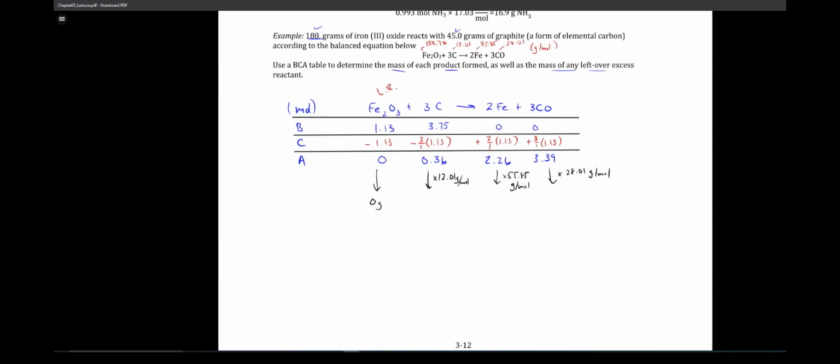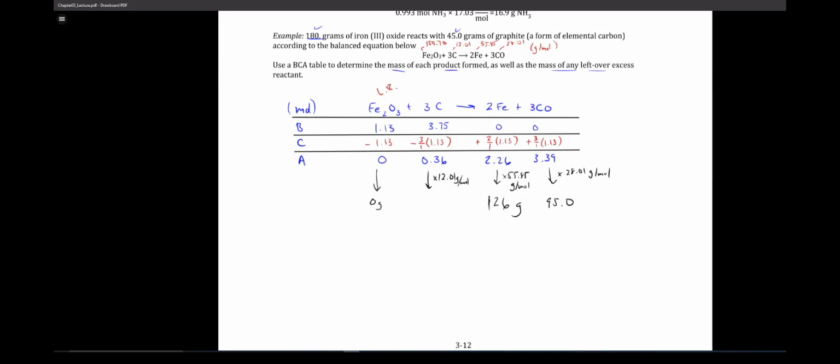So 2.26 times 55.85 is 126 grams, excuse me. 3.39 times 28.01, and please do check my numbers if these are off, is 95.0.